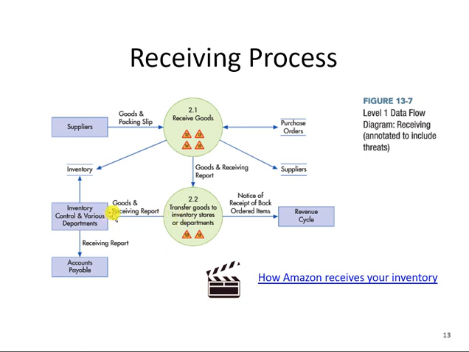Eventually the goods and receiving report will be forwarded to inventory control, so it can update the inventory database, and also to update accounts payable. So all these are the activities in this process.